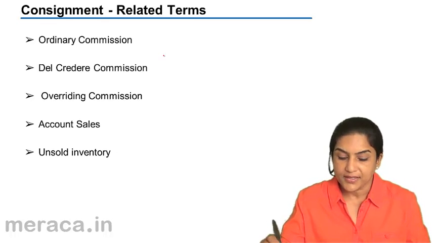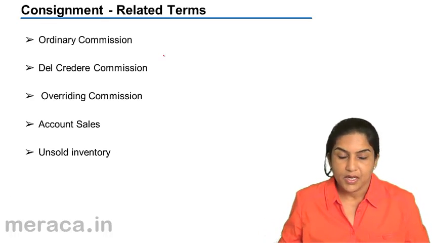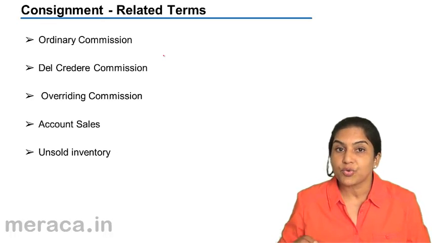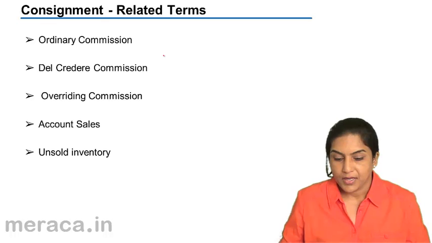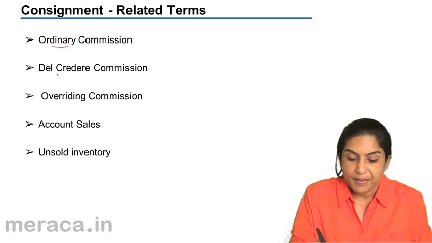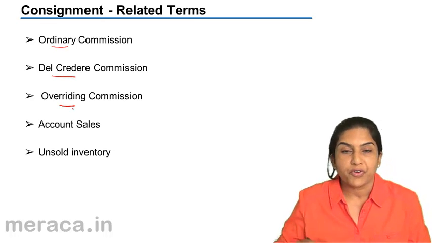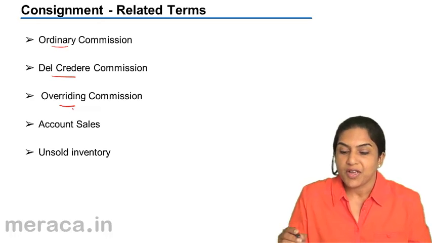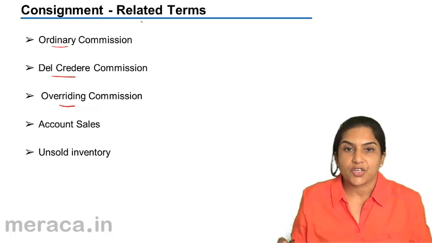Now, what are the other related terms? We said that the consignee is entitled to a commission. Commission again may be ordinary, del credere, or overriding. What is ordinary commission? A commission of, let us say, 5% on sales.